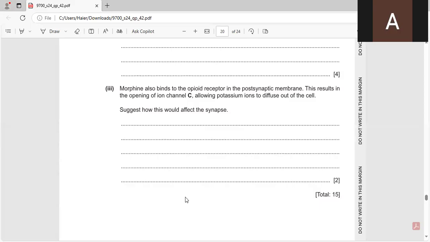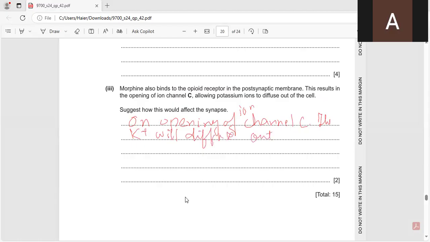The potassium ions will move on opening of ion channel C. The potassium ions will diffuse out of the cell, causing less negative inside.